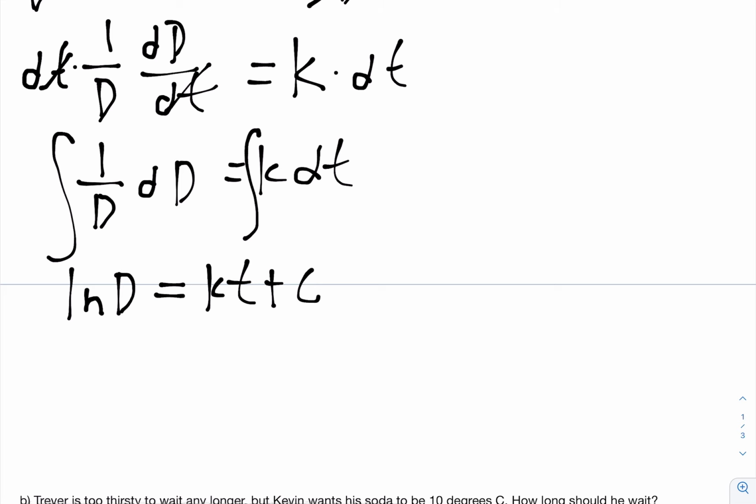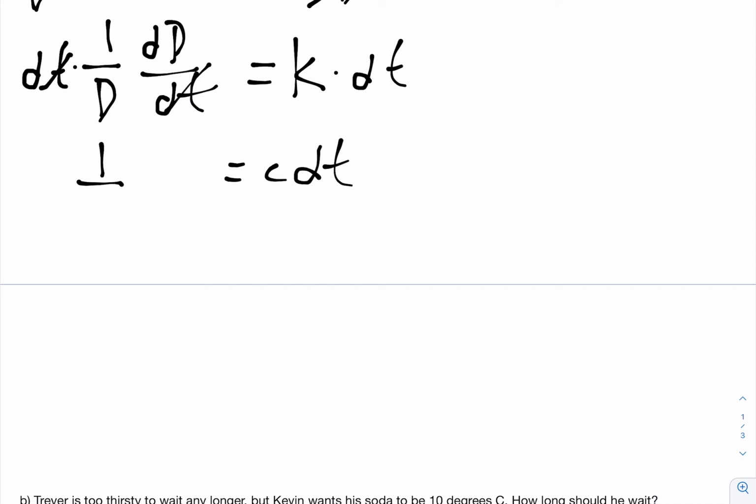Okay, and so if we go e to the power of the left and right side, and we isolate, we'll find that the difference is going to be equal to e to the power of kt plus C. Similar to the other videos, we don't even need to write this. We know how to derive it.